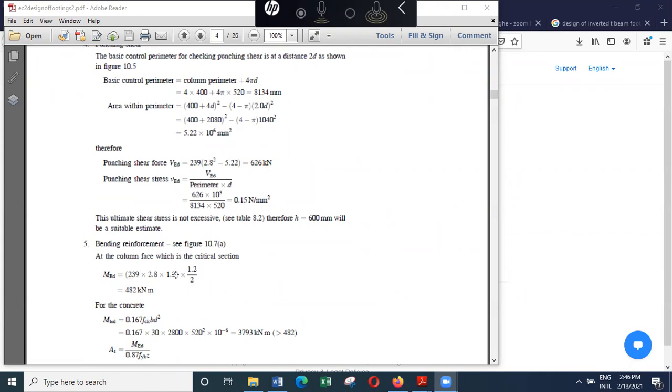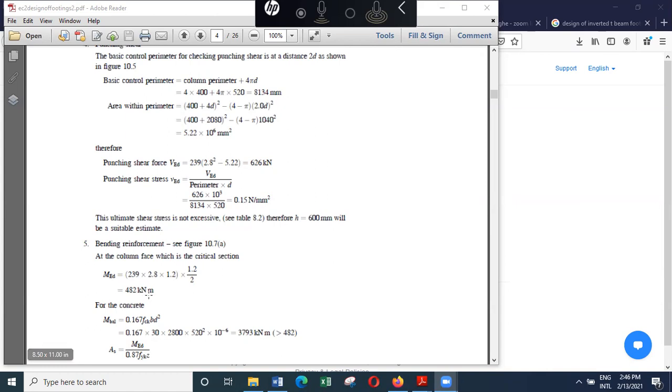The total size is 2.8. 2.8 divided by 2 is 1.4, and then the size of the column is 400 by 400. So you deduct half the size of the column, and that is 1.2 meters. So from the face of the column to the end of the base, we get a 1.2 meter distance. So the bending moment can be calculated.